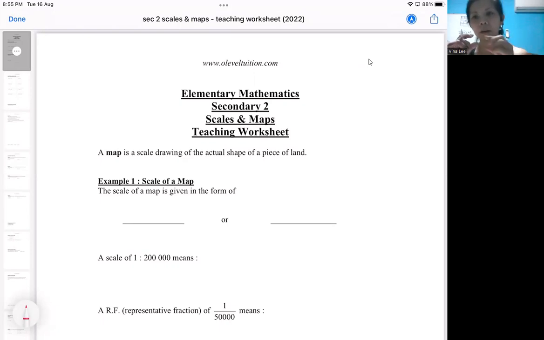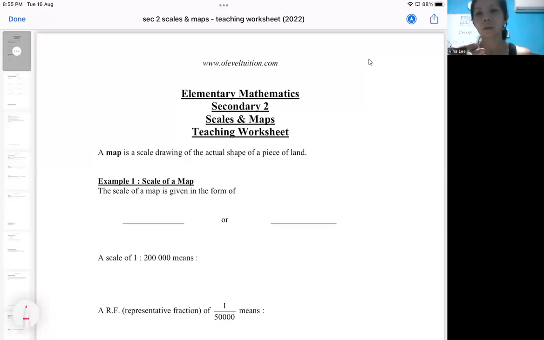For example, you can see two locations, like the distance between your house and your school. On the map, it may look very short, right? But your parents actually drive quite a distance sometimes.